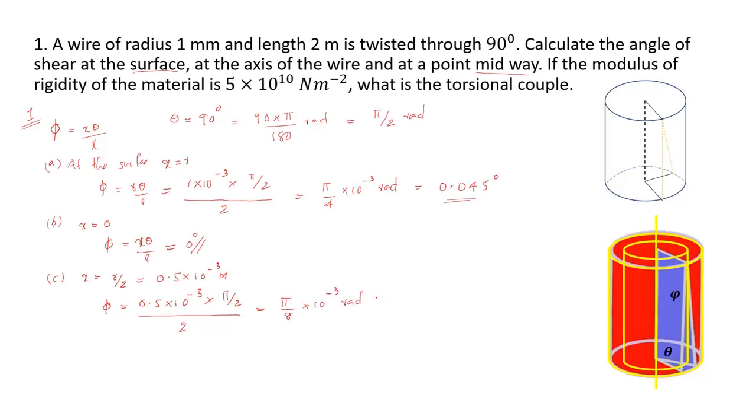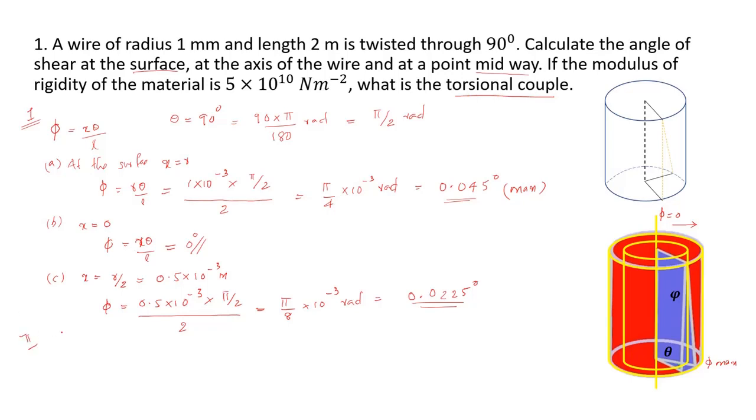We can further solve to find it as 0.0225 degrees. So you can find that angle of shear is maximum at the surface. So phi is maximum at the surface, phi is 0 at the axis, and phi increases as it moves outwards.